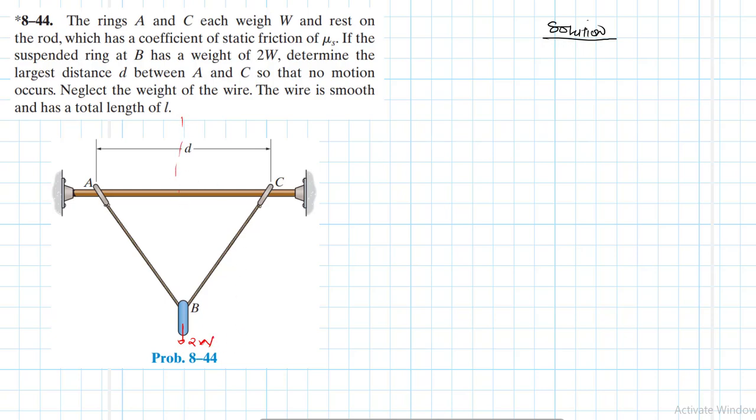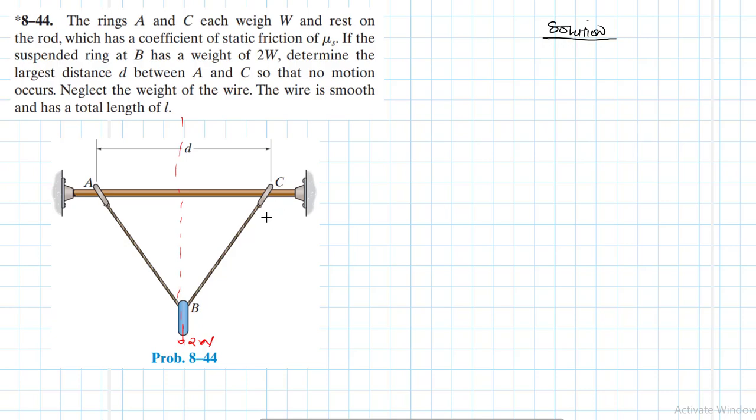Because of symmetry, we expect the right hand side at A to be equal to the left hand side at C. So we are going to experience friction at A and at C.